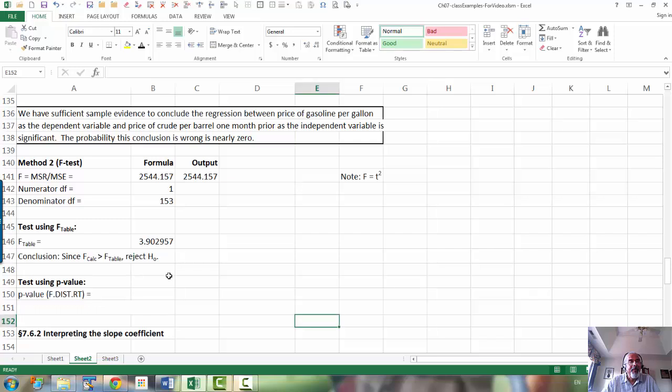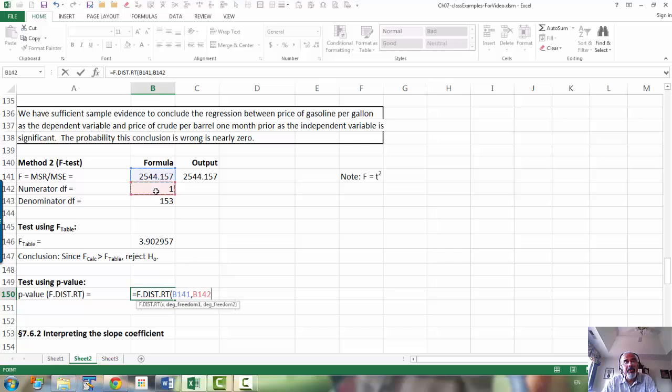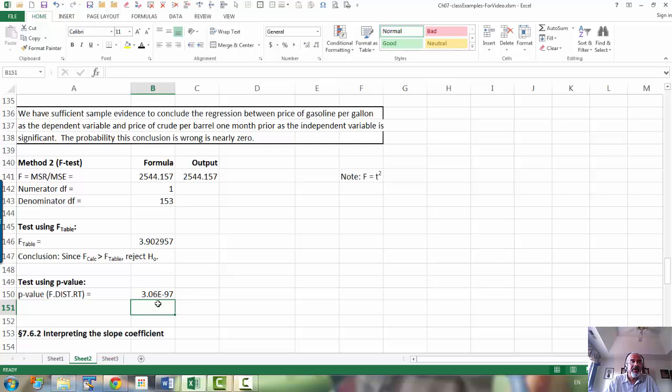Now we can use a p-value test. So the p-value will be F.DIST.RT. Now here the F calculated value and then the 2 degrees of freedom. So that will give you again the same very small probability.